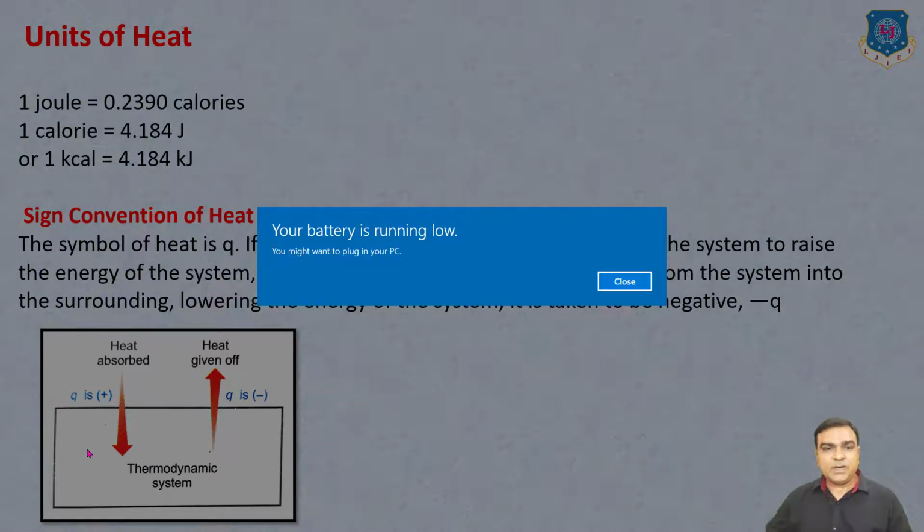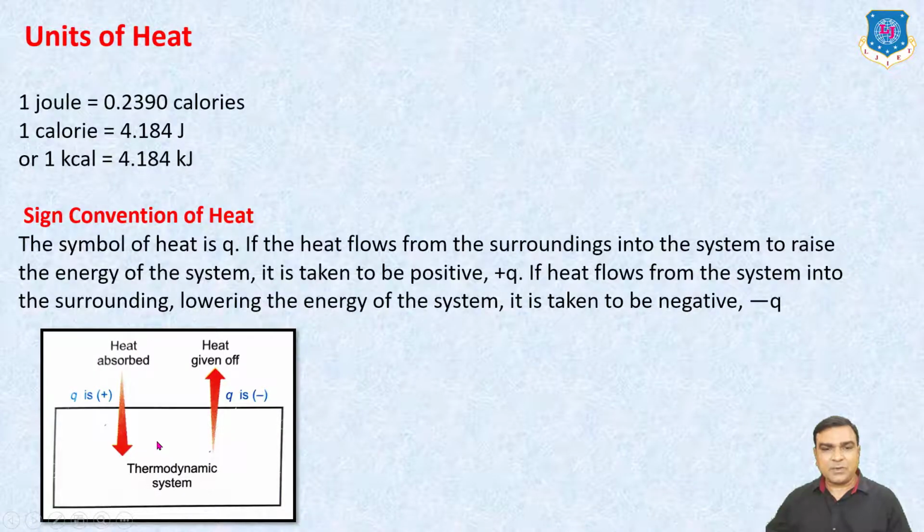So in a thermodynamic system, during the process, if heat is released by the system, then Q is taken as negative, and if the system absorbs heat, then Q is taken as positive.